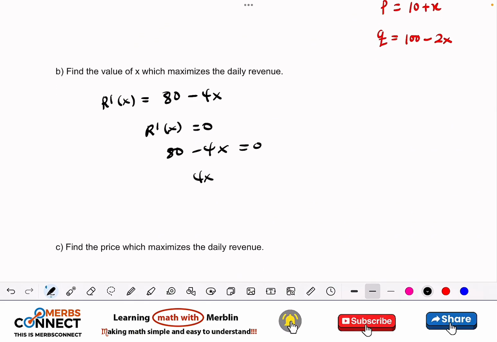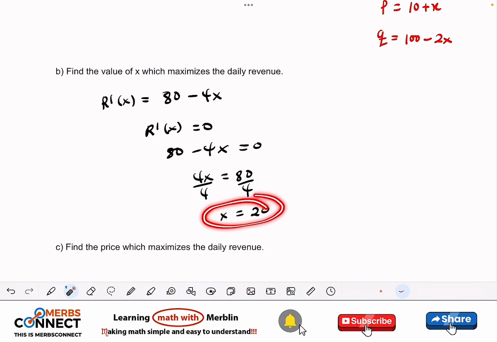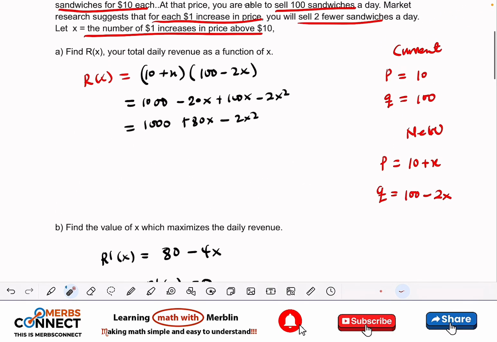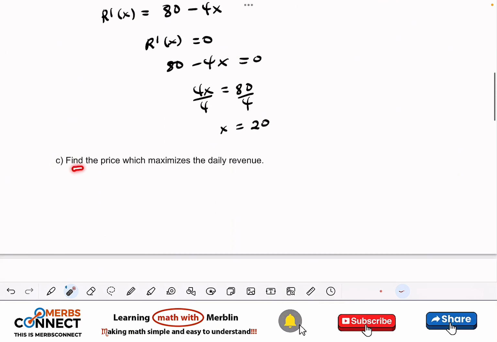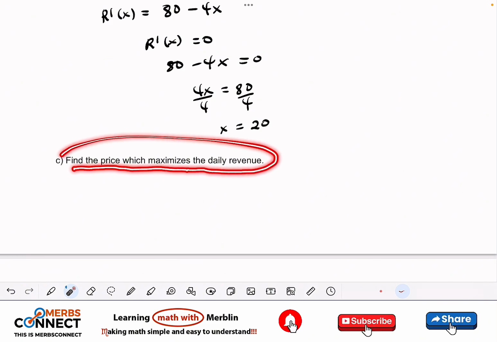So 4X is equal to 80. Then I divide through by 4, and I'm going to have 20. Yes, so that will be the X value that is going to maximize the daily revenue. That's what you are going to get from here. Now the next question is to find the price which maximizes the daily revenue.